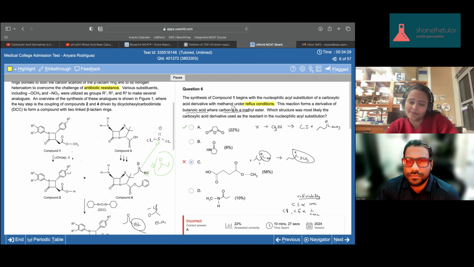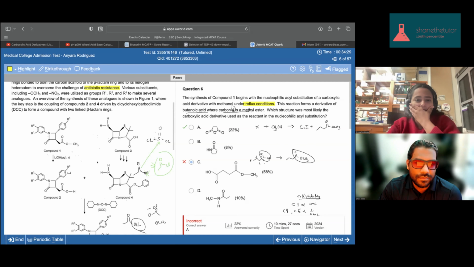This kind of looks like this is what I'm thinking about now. But I'm still struggling to see how this is related to this in the question stem.